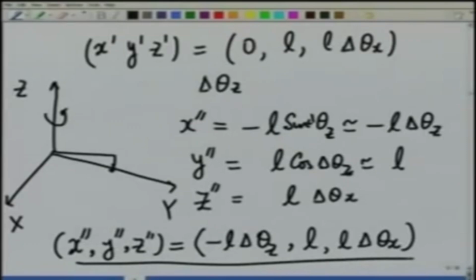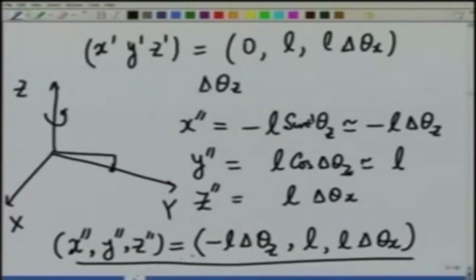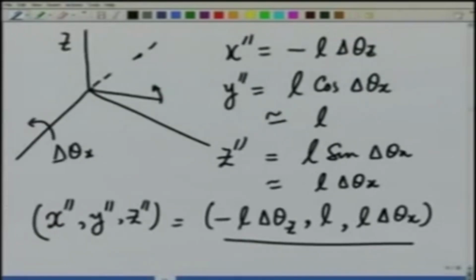This was earlier and here it is now. Earlier it was minus L delta theta z, L delta theta x, and now it is minus L delta theta z, L and L delta theta x. So, when I take infinitesimal rotations, the second order product delta theta x delta theta z vanishes.